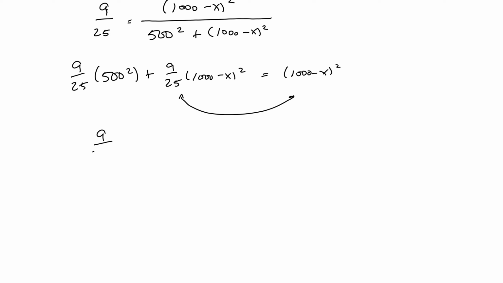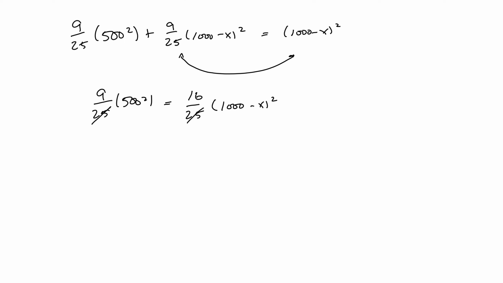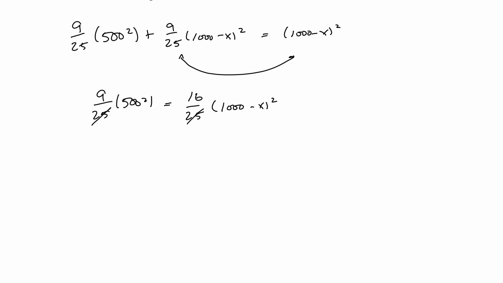I'll have 9 over 25 times 500 squared is equal to, and if I subtract it, I'll have 16 over 25 times 1,000 minus x squared. Now I can cancel those 25s and divide through by the 16, and so I can rewrite this as 500 times 3 over 4, the entire thing squared, that's that 3 over 4 squared, that's a 9 over 16, is equal to 1,000 minus x squared.